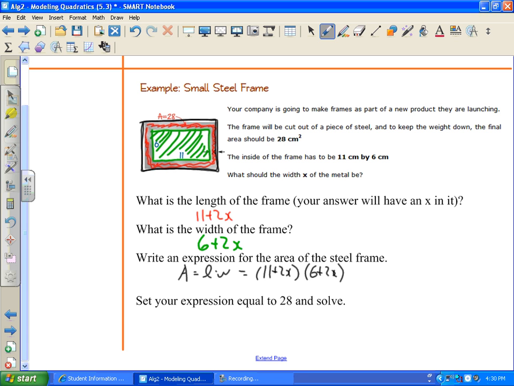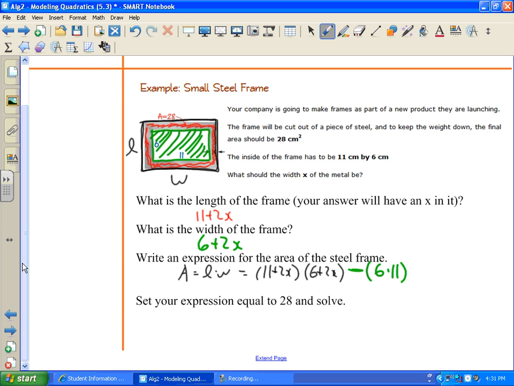If I have the area of this black rectangle and I subtract out the area of the green rectangle, then what I'm left with is the area of the frame, in the red there, which is 28. So the area of what's in the red, which we said is 28, equals the big length times the big width minus the area of the green, which is length times width. I can put that as 6 times 11, because you'll see that as length times width. That's the area of the green.